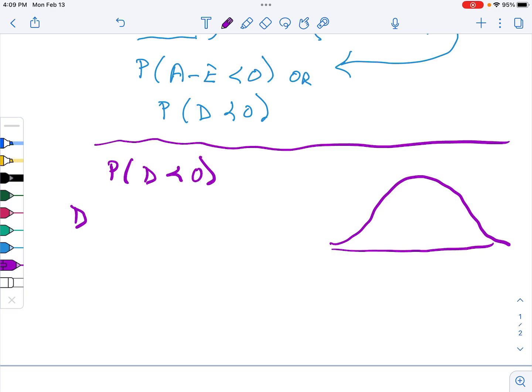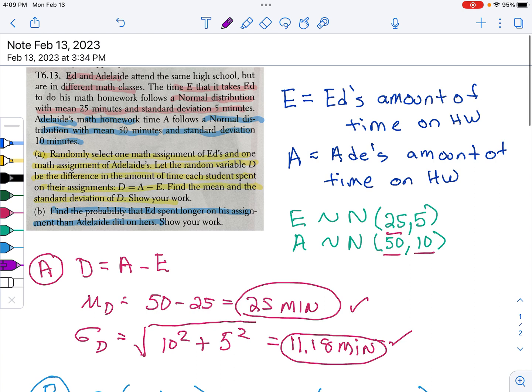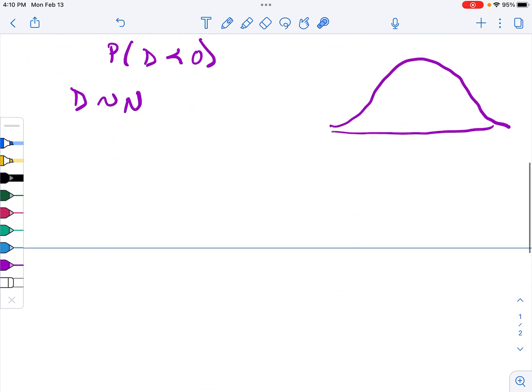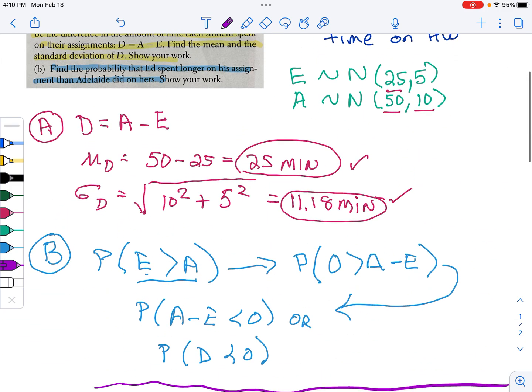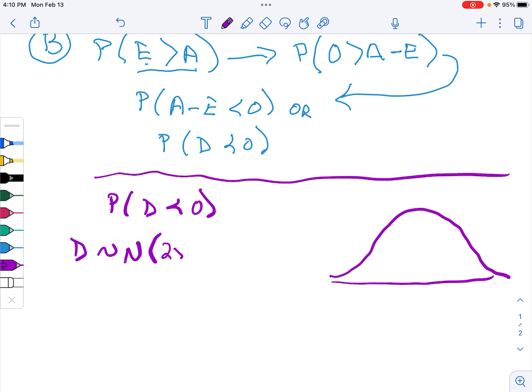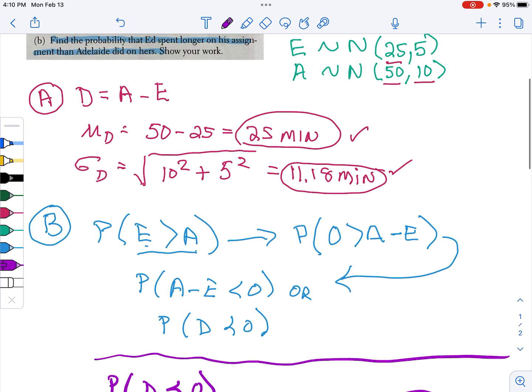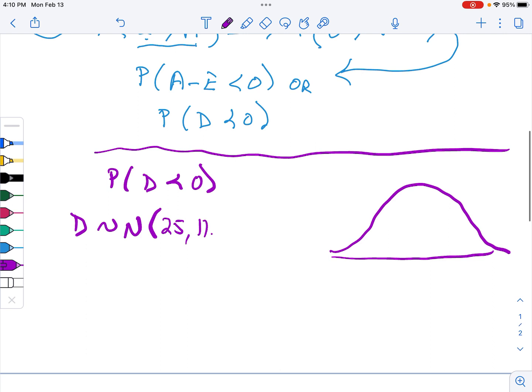And we know that D is approximately normal, because we were told that Ed's distribution is normal and Addie's distribution is normal. So since both of those are normal, the difference is normal. So the difference is approximately normal with, what did we say? The mean was 25 and the standard deviation was 11.18.